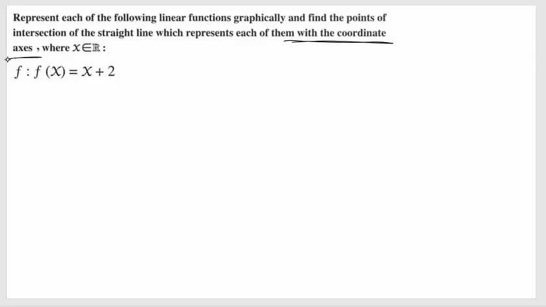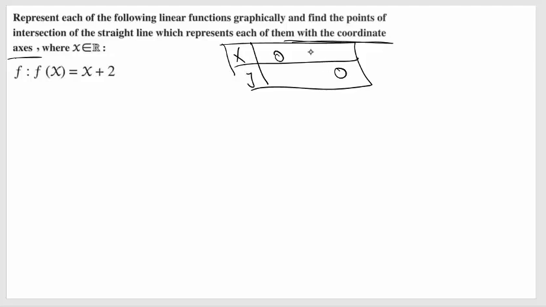The other method is to assume any 3 values for x to draw your line, like x equals 0, 1, 2, or negative 1, 0, 1, or 1, 2, 3, whatever you want. I will use my method, which is putting x equals 0 and then putting y equals 0.